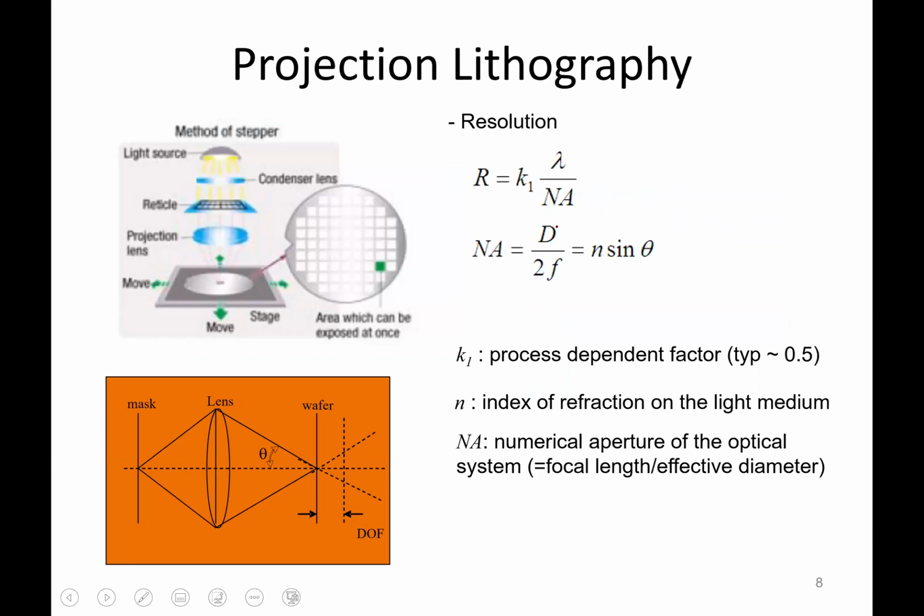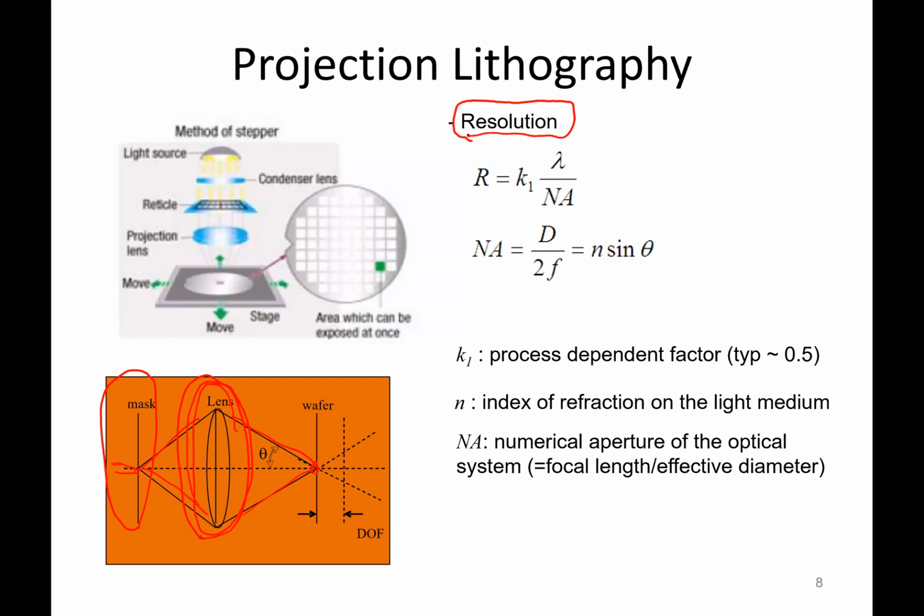So for photolithography, we use a lens, right? And also the mask. You heard about diffraction, right? Light diffracts all over this area, and then we collect the diffracted light and make it into a focus. So the performance of the lithography is assessed by the resolution.